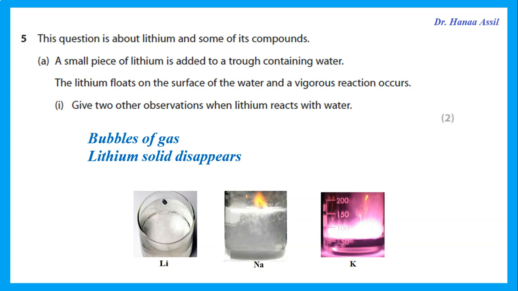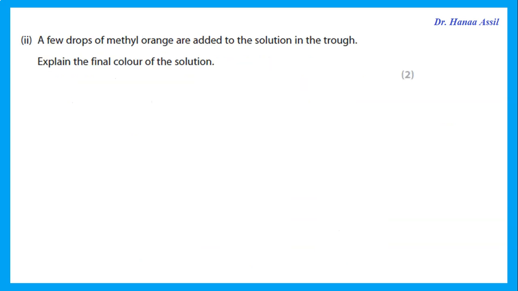So we have a very vigorous reaction, could be explosive, and it gives a lilac color, because you remember potassium gives a lilac color when it explodes.